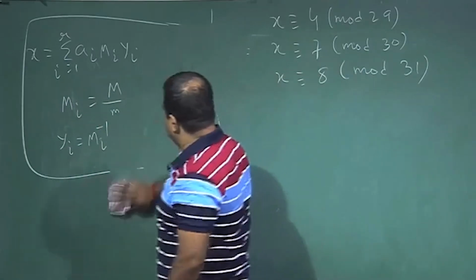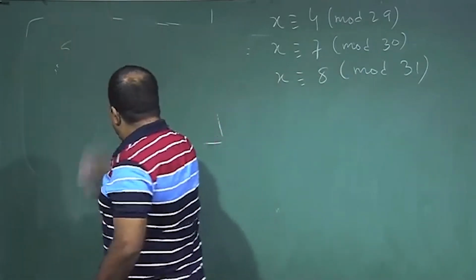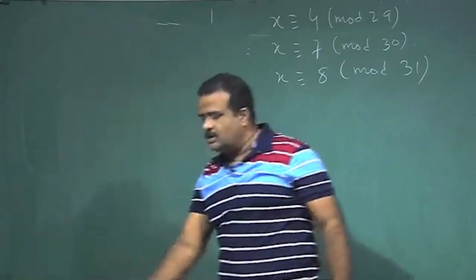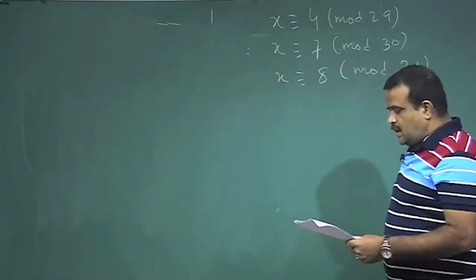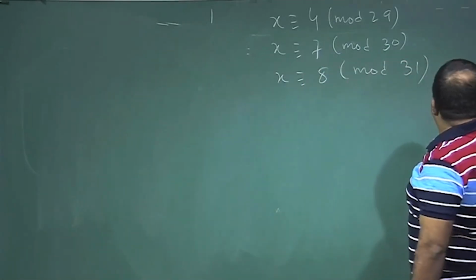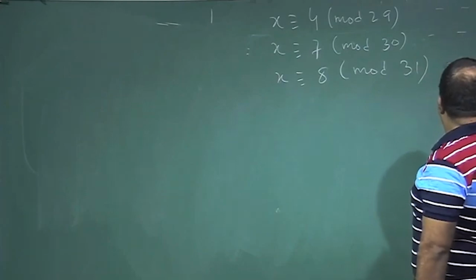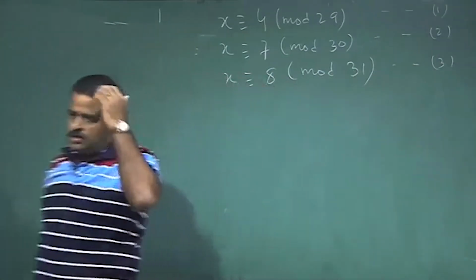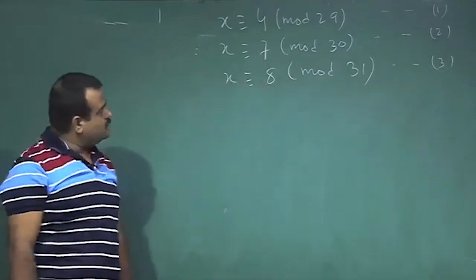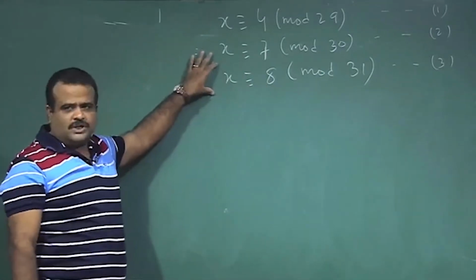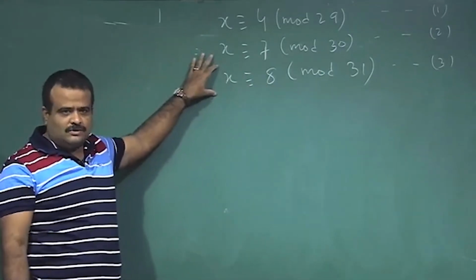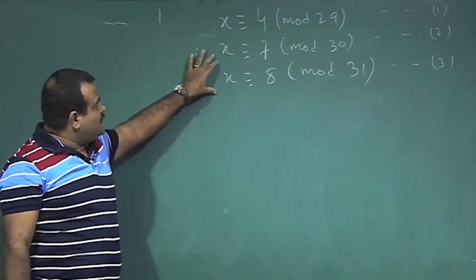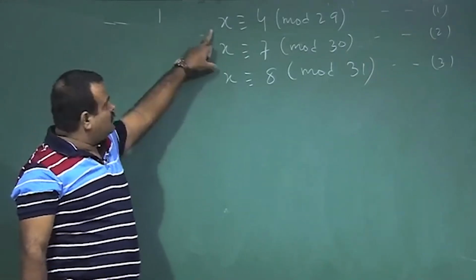So, we will use the Chinese remainder theorem. We know the solution for the general case, but we will derive this. So how to solve? This is equation 1, equation 2, equation 3. We have seen the example where we can handle 2 equations at a time. So what we do is take 2 equations at a time, get the solution which satisfies those 2 equations, then take that solution along with the next equation.